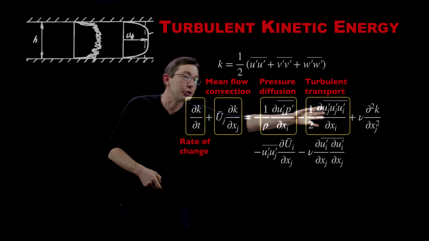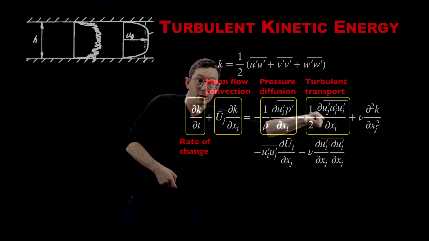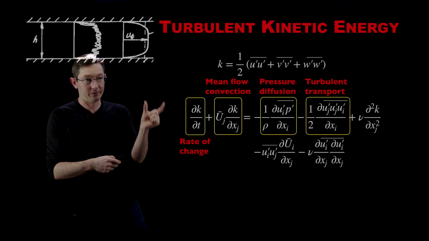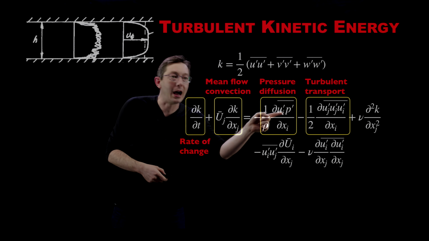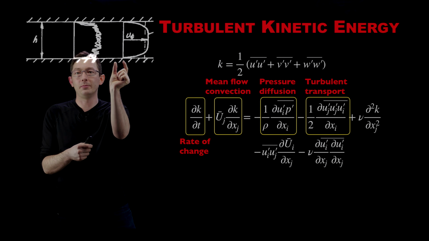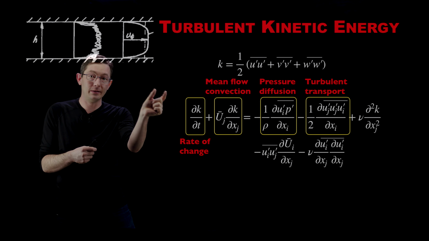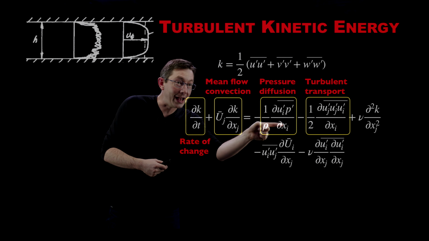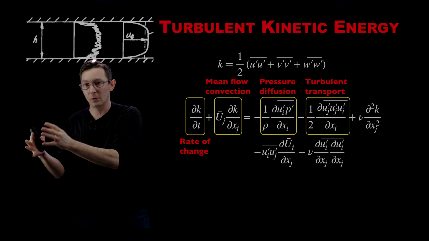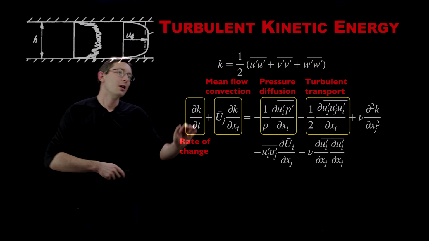I have something called turbulent transport, which involves this triple moment, u prime, u prime, u prime. And subscript here, u sub 1 would be u, u sub 2 would be v, u sub 3 would be w, and partial x_i means partial x, partial y, partial z, okay?